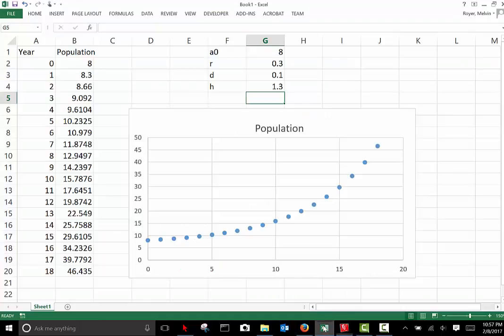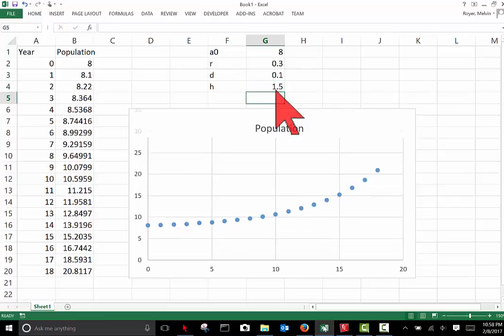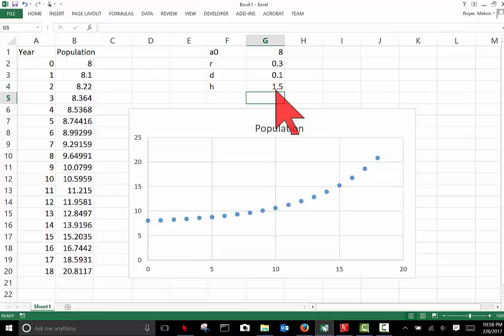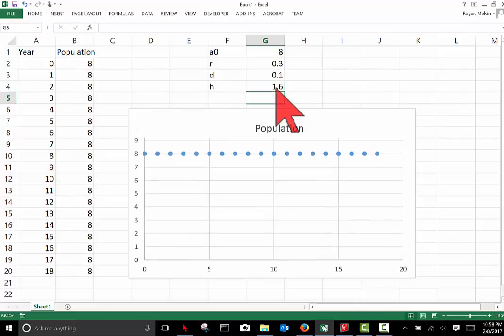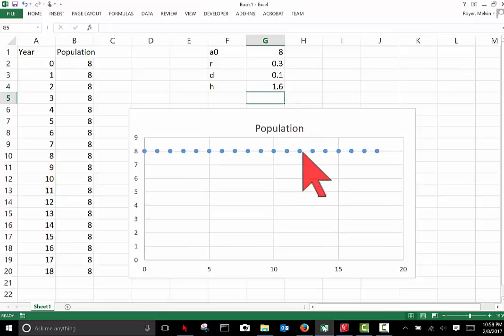Let's see if we can find that on the spreadsheet. 1.7 was too large of a hunting constant. It drove the population extinct. 1.3 is not large enough. So how about 1.5? Okay, still growing, although not as rapidly. How about 1.6? And that seems to do it.